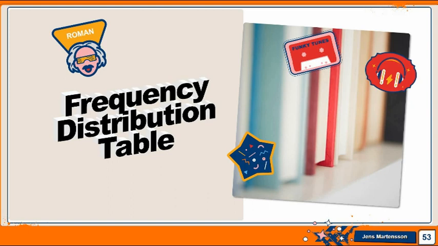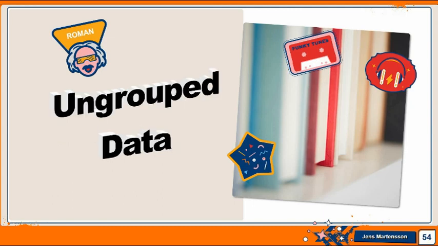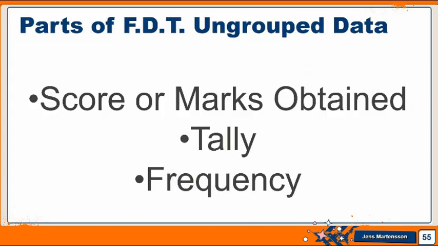Now, since nakuha na natin yung tatlong measures of central tendency, punta tayo sa paggawa ng frequency distribution table, of course, ng ungrouped data. We have the different parts of frequency distribution table.